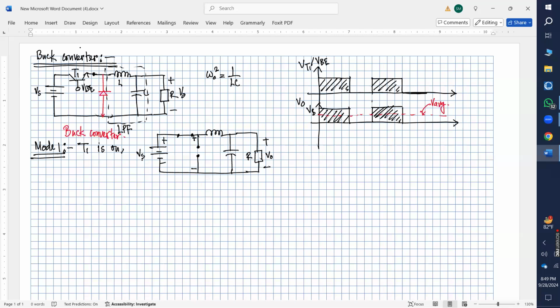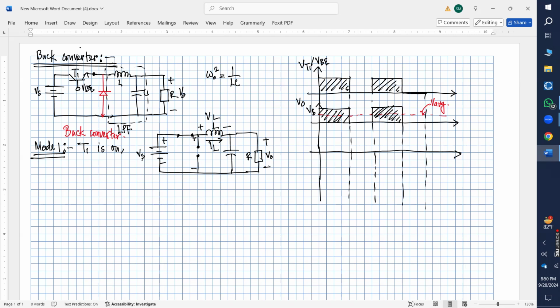So the voltage across this inductor L, if we consider this voltage across the inductor as VL, and the current passing through the inductor is IL. During the time whenever this switch is on, what would be the voltage across the inductor?